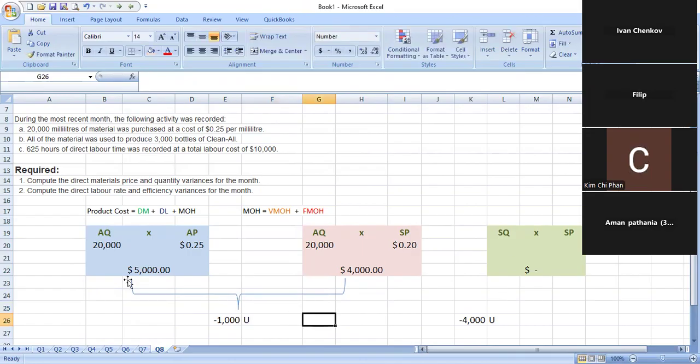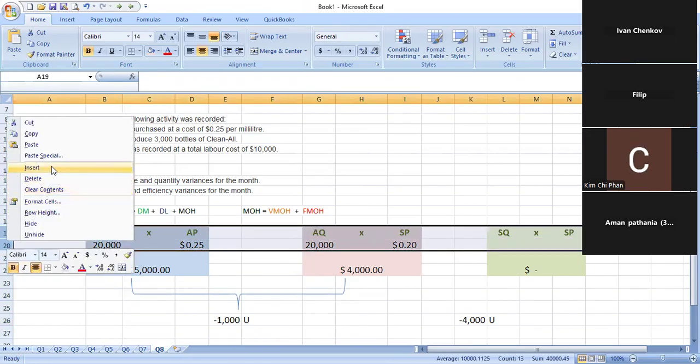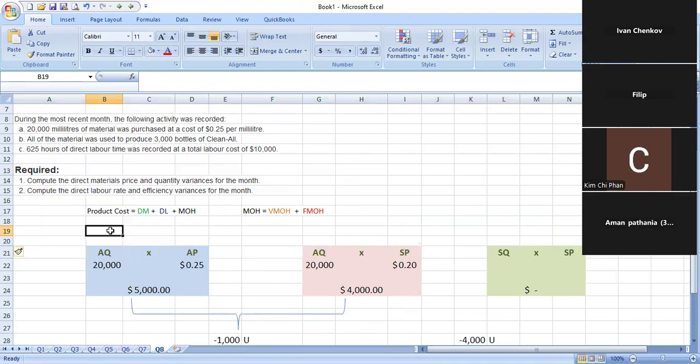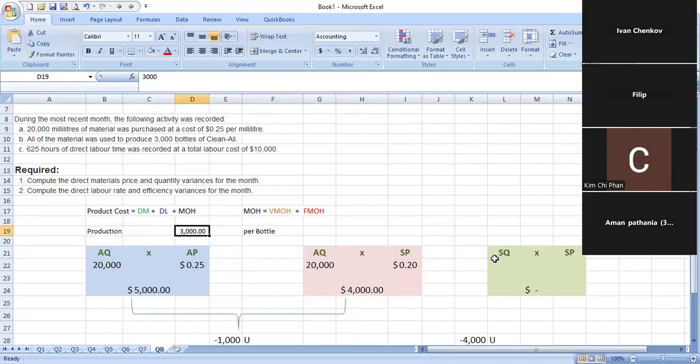Let's see, based on our standards, where we are. Where is our production? We produced 3,000 bottles. And how much is per bottle? 6 milliliters per bottle.